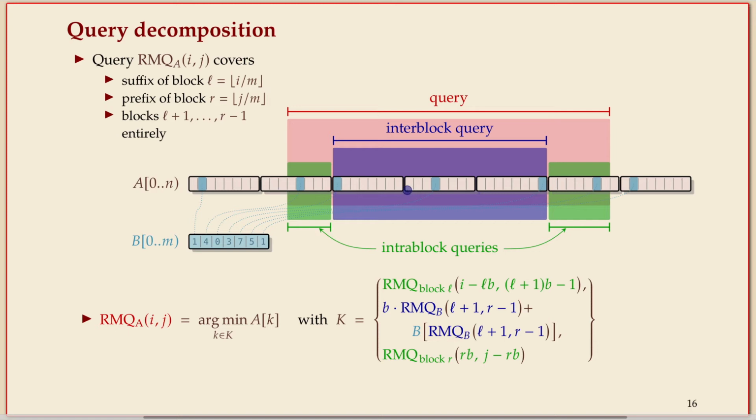Okay, that's the case before this. So if this was the minimum in the blue part, then this here would give you the offset inside the block. And this one would give you the number of blocks left of it.